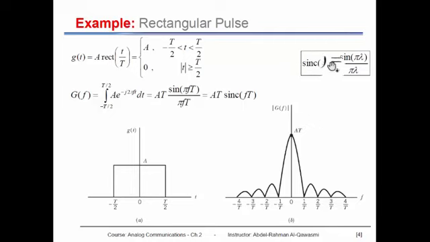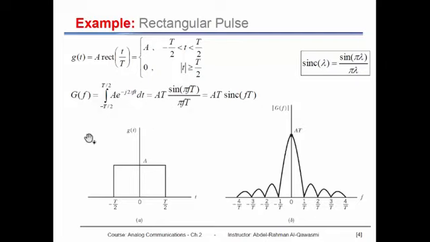Sinc means the sine of the angle over the same angle. So sine pi f T over pi f T means sinc of f T. We don't have pi here, but we have pi here. So it is the sinc of f T, multiplied, of course, by A T as a result of the integration.